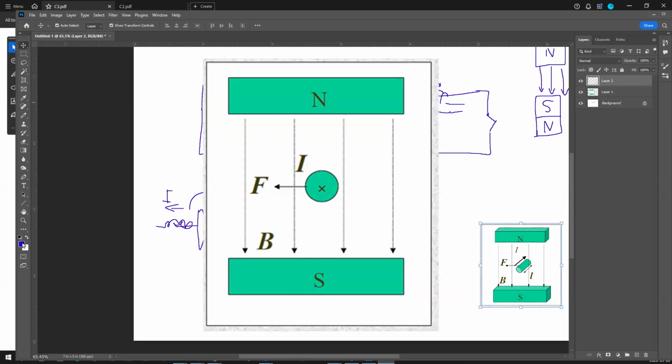Let me just change the color of my marker here. Using the right-hand rule, wrapping around things, the magnetic field is going to spin this way around the conductor. So it's going to spin that way right here.